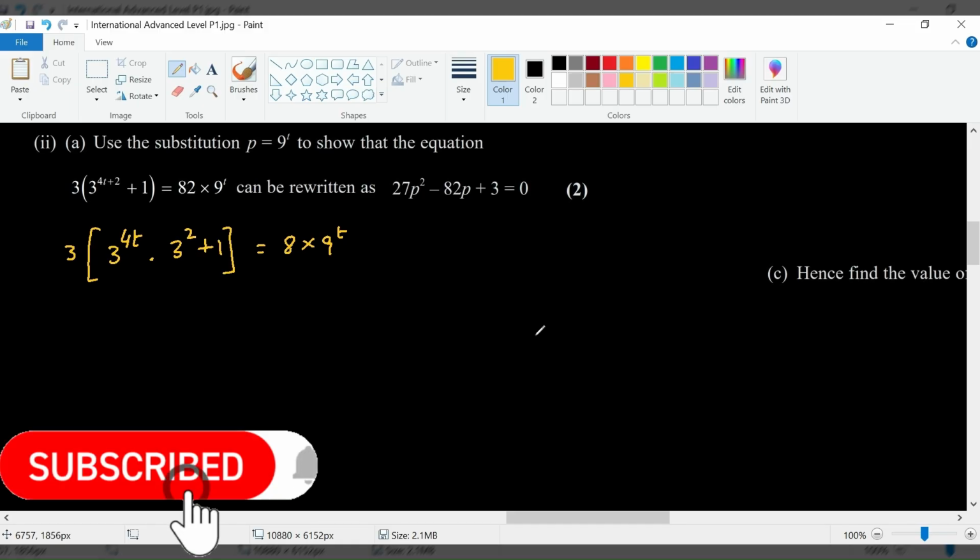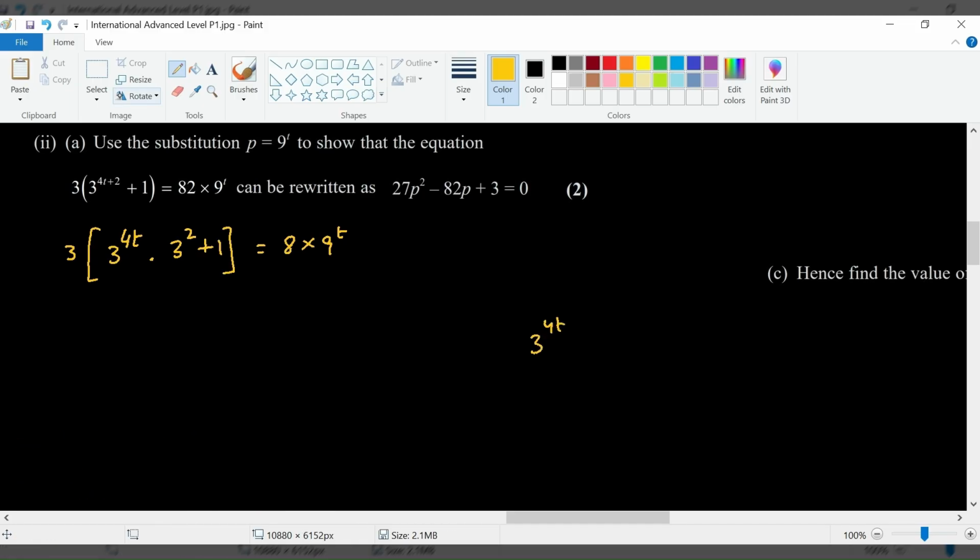Now when it comes to 3 to the power 4t, there is something extremely important I must tell you here. If you have 3 to the power 4t, that means you are talking about 81 to the power t. Now, is it possible for me to write 81 as 9 square, to the power t?